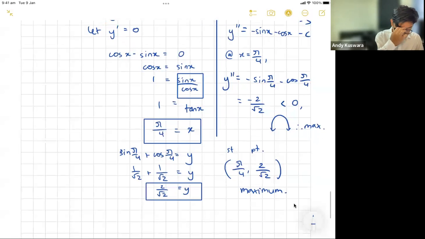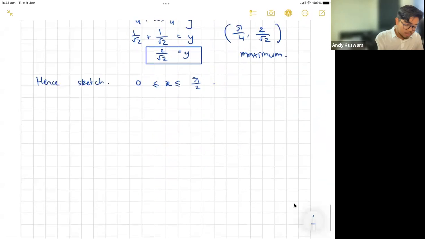Right, and likely there will be a hand sketch. Let's only sketch it between 0 and pi on 2.